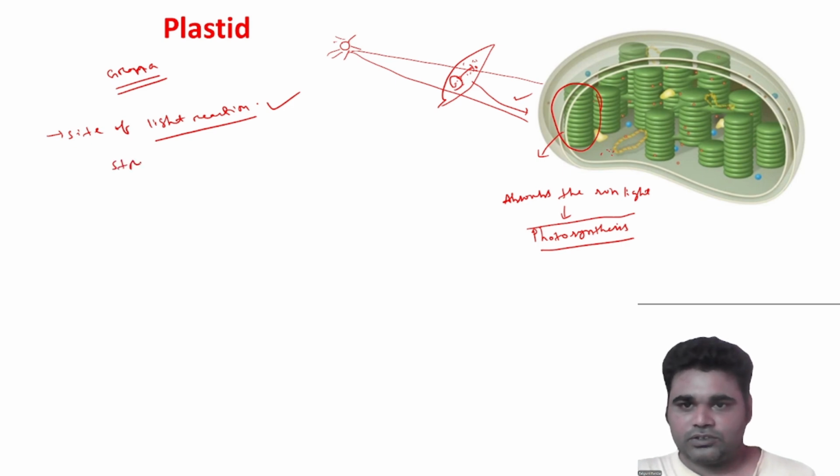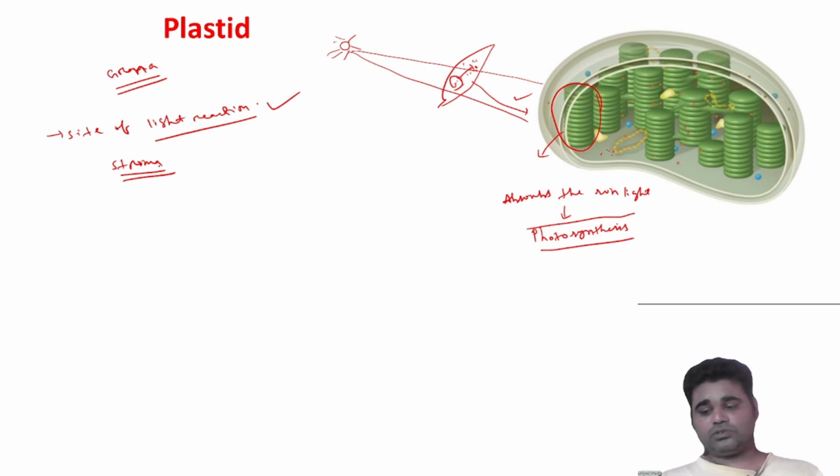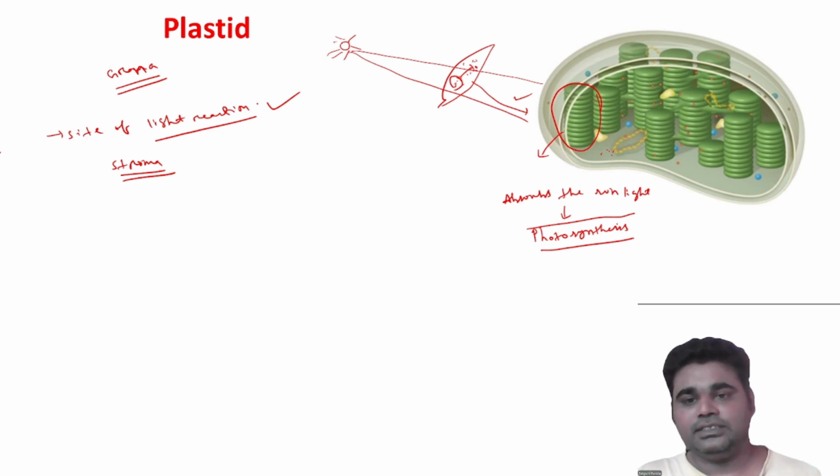So this is the stroma, the watery part. It contains some enzymes, and those enzymes form the carbohydrate and protein.